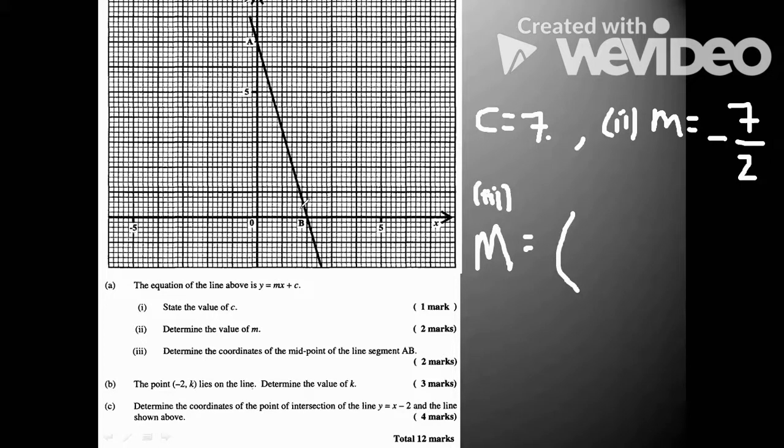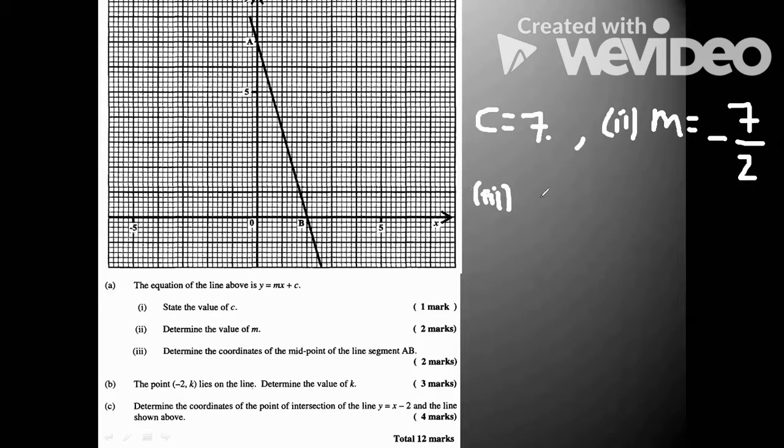Let's say the length of AB is 6 centimeters. Divided by 2, we get 3. We put the ruler at A, measure 3 and see where it lands on the line, and that will give us the midpoint. Otherwise, we're going to have to find the points A and B, and then use the formula to find the midpoint.